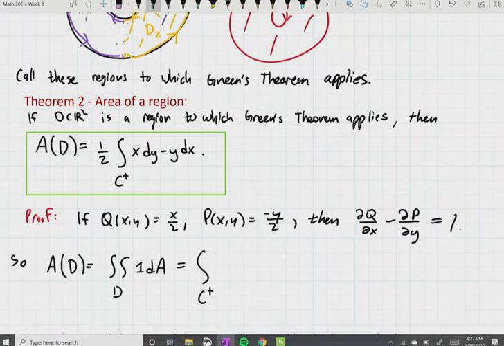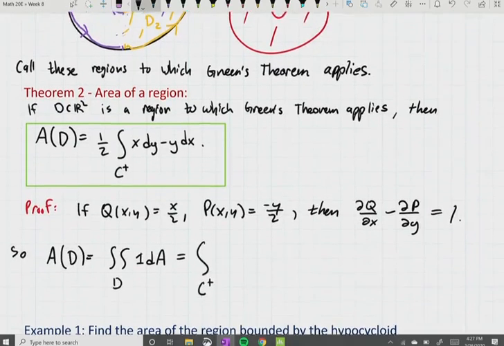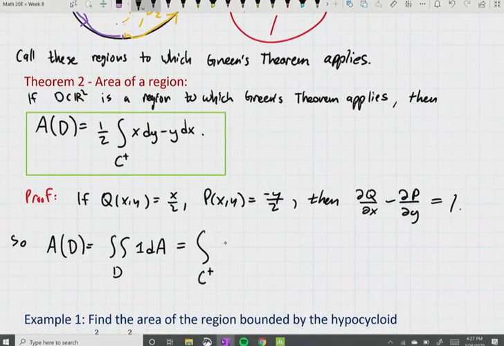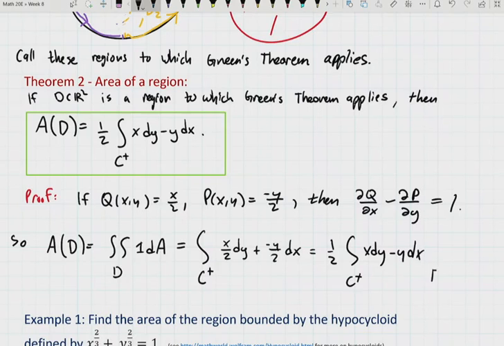Let me look at this one. Yeah, Q dy and P dx. So Q dy is x over 2 dy plus negative y over 2 dx, or I could just write that as 1/2 x dy minus y dx. Any questions?